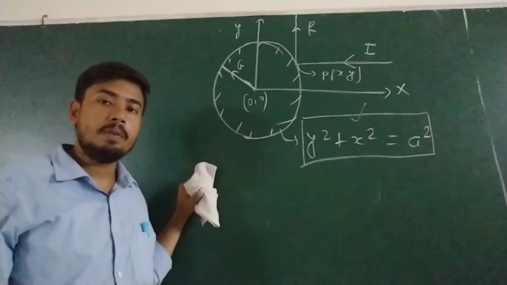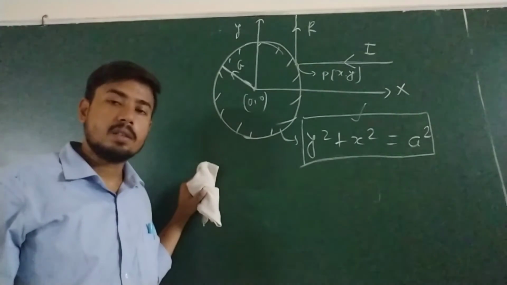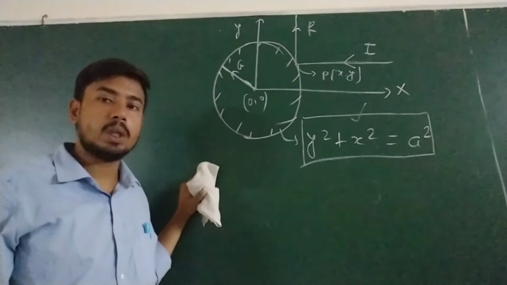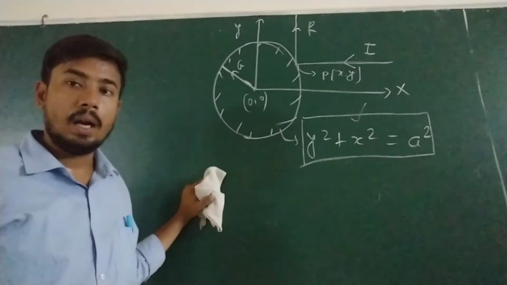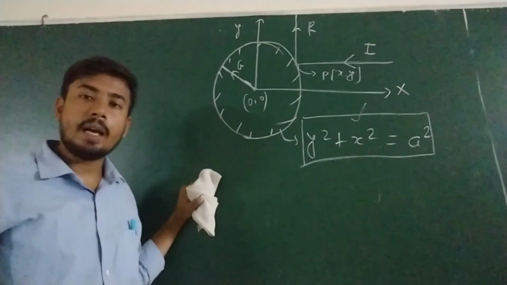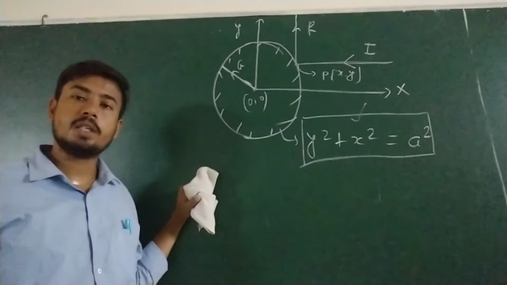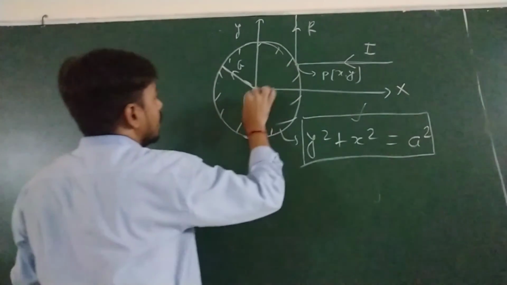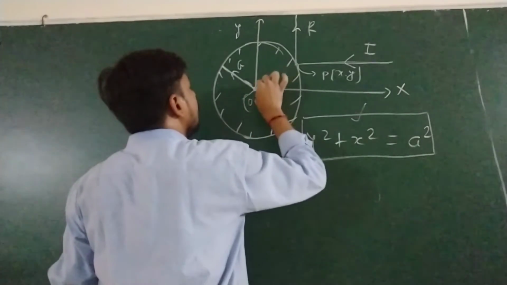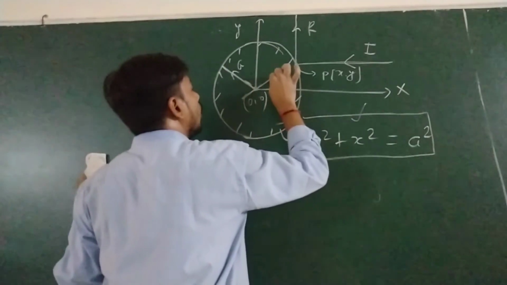We know the laws of reflection. What is the law of reflection? Angle of incidence is equal to angle of reflection. So first of all we need the normal, and I said any line passing through the center of curvature becomes normal to the surface. Right now this is the center of curvature, so this line becomes the normal at this point.